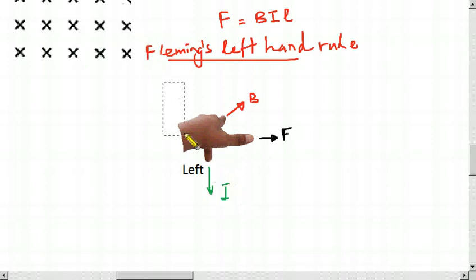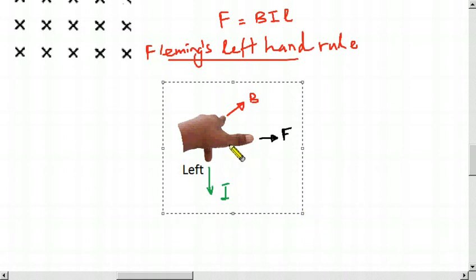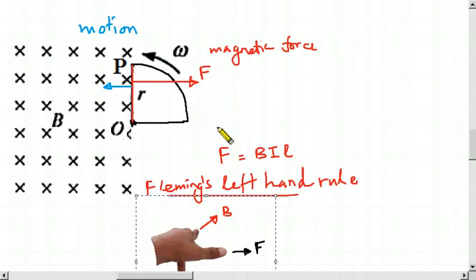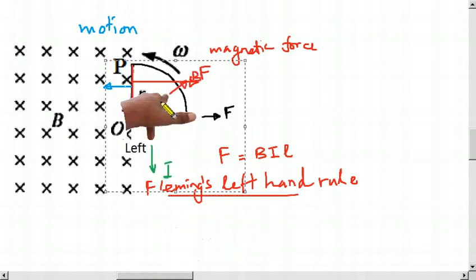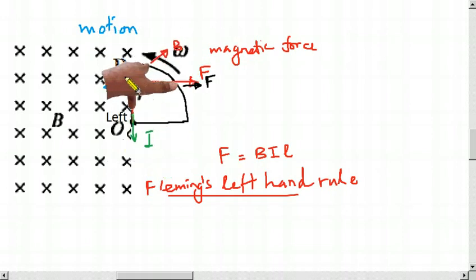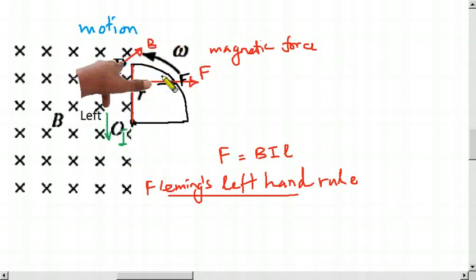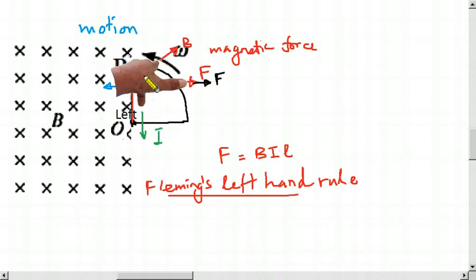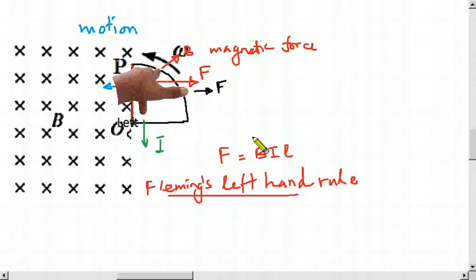So let us do it now. So let us take this left hand. This one is left hand, remember. Already we know the direction of force, that is towards the right side. So like this. So now the direction of the current is towards downwards.